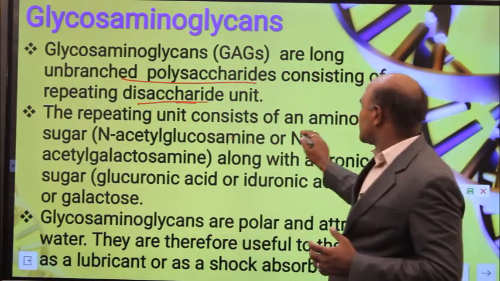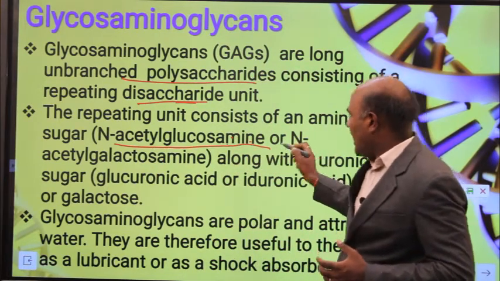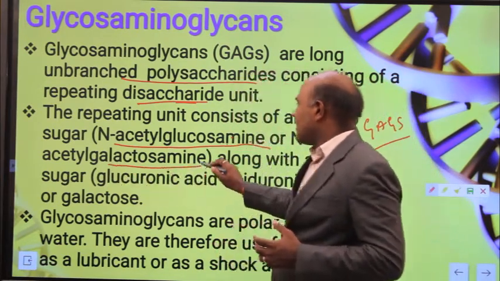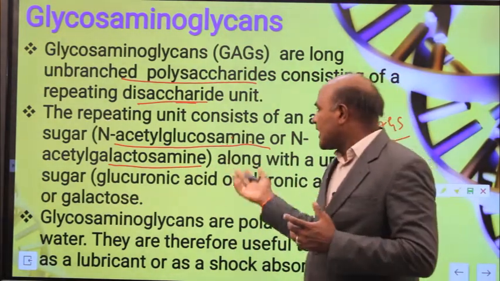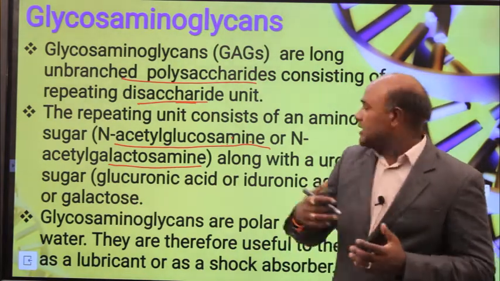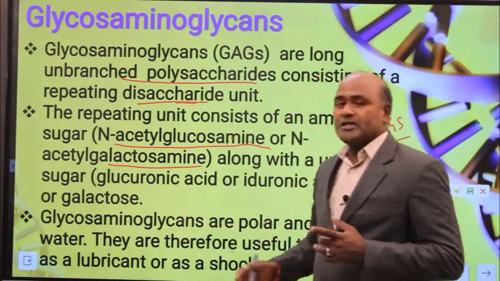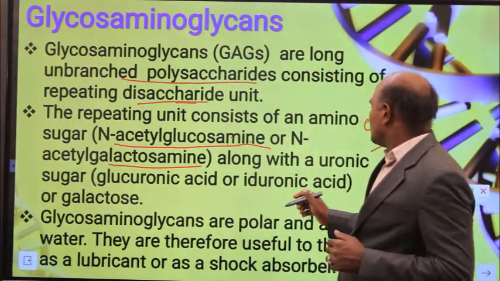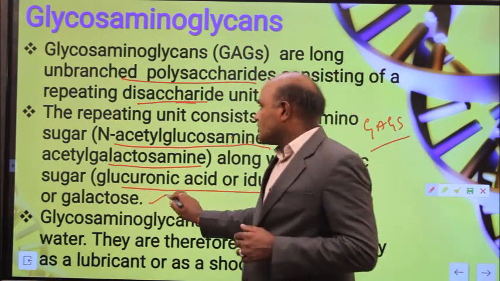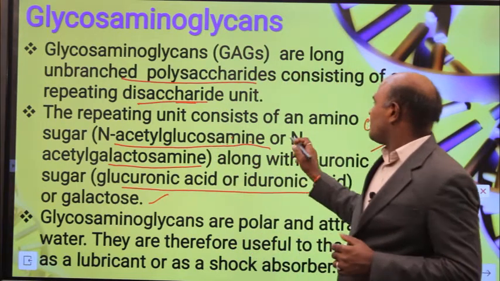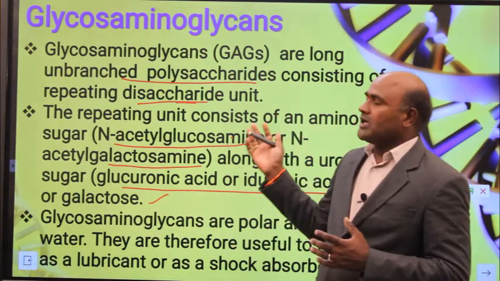The repeating unit consists of an amino sugar, N-acetylglucosamine or N-acetylgalactosamine, along with a uronic sugar or galactose. These are the amino sugars that glycosaminoglycans contain.